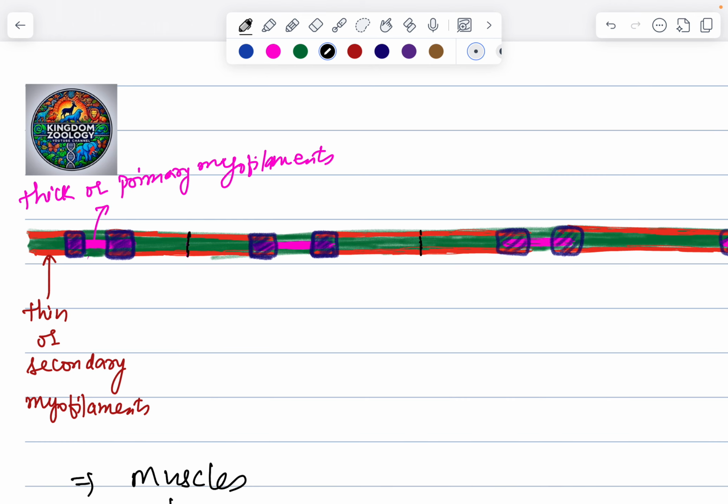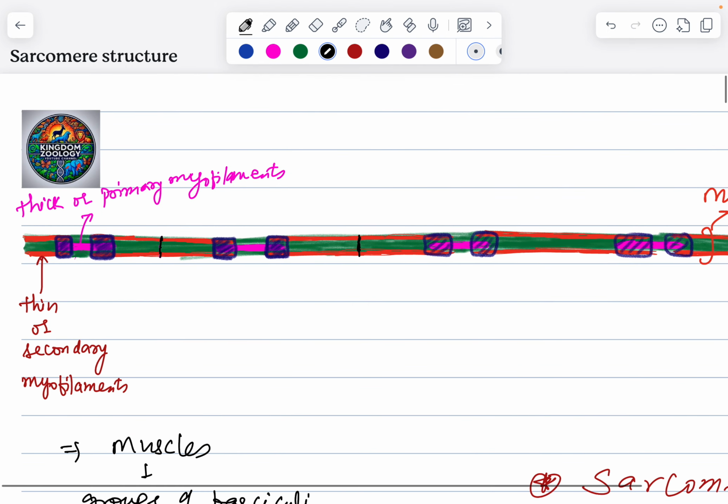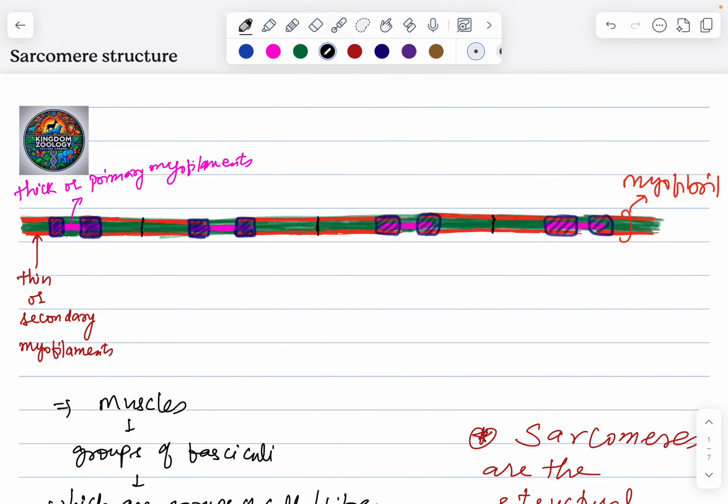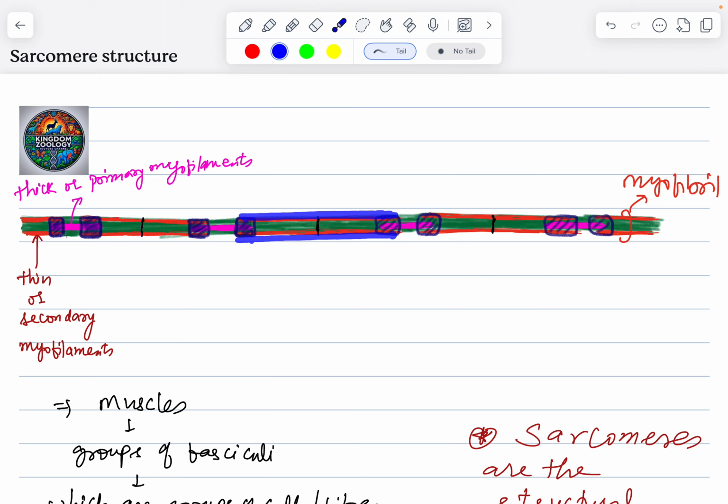There are very faint lines which are visible approximately in the center of the entire length of the secondary myofilament. This over here is an entire secondary myofilament. So exactly in the middle of the secondary myofilament, there are faint lines that will be visible in the microscope. What are these lines? Over here also there will be one.